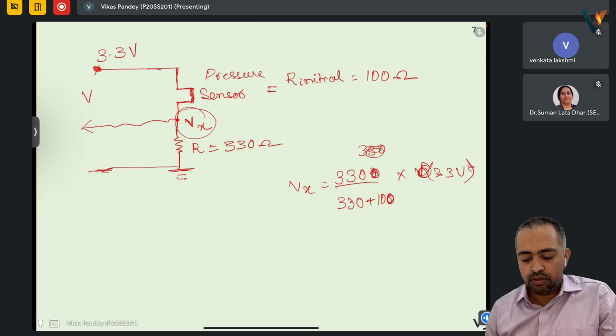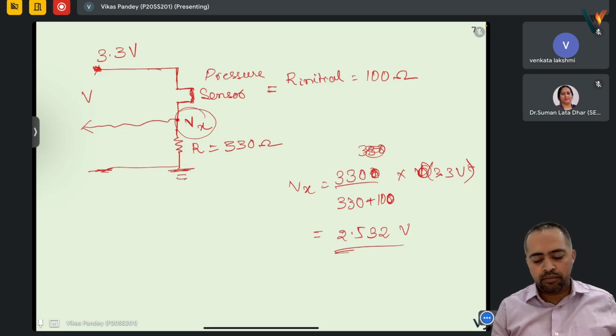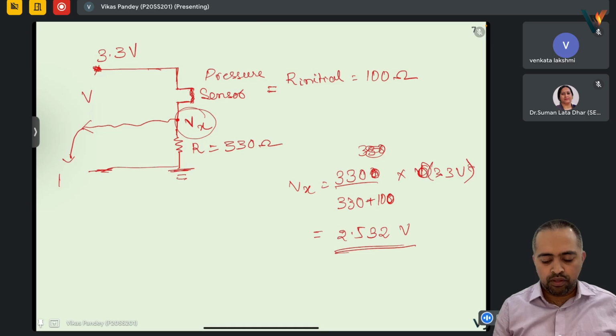So 330 divided by 430 multiplied by 3.3, and we'll get around 2.532 volt.